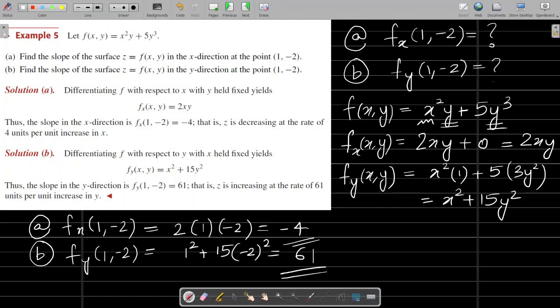So when x is increasing by 1 unit, f is decreasing by 4 units in the x direction. Similarly, when y is increasing by 1 unit, f is increasing by 61 units in the y direction.